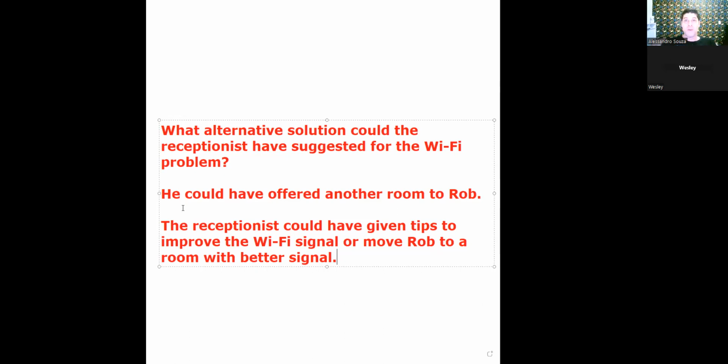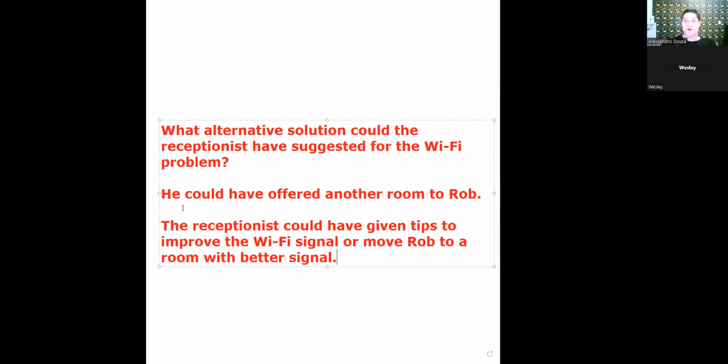É uma dica. Então, o recepcionista poderia ter dado dicas de como improve, que é melhorar. Improve the Wi-Fi signal. É aquele lance, já desligou o modem e tal. Esse improve quer dizer melhorar alguma coisa. Nesse caso, the Wi-Fi signal.